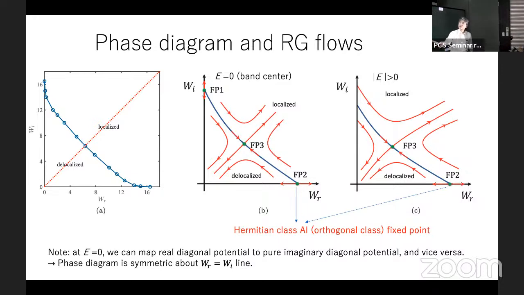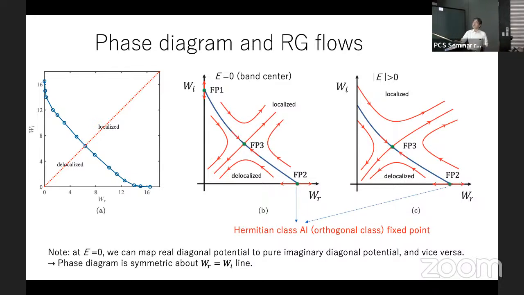But once we have imaginary potential, it goes away from this fixed point. And if we are close enough, we can fix the behavior of the new fixed point FP3. And more generally, it looks like this.